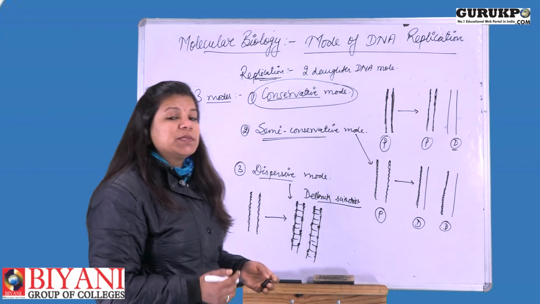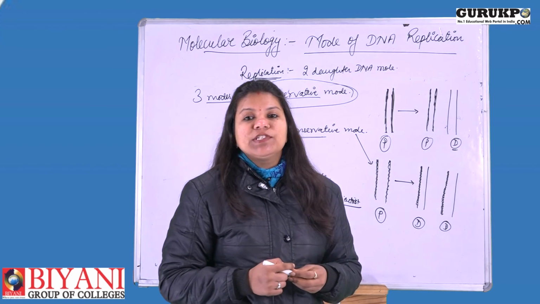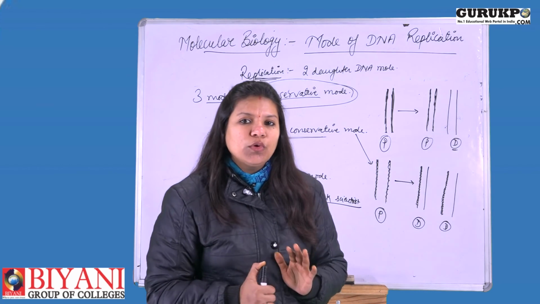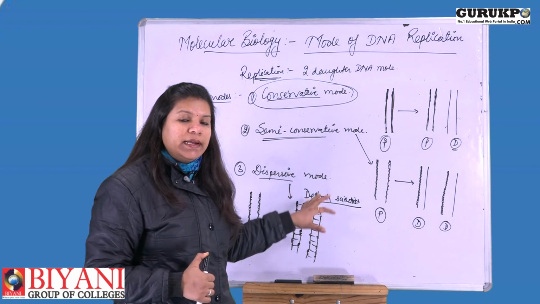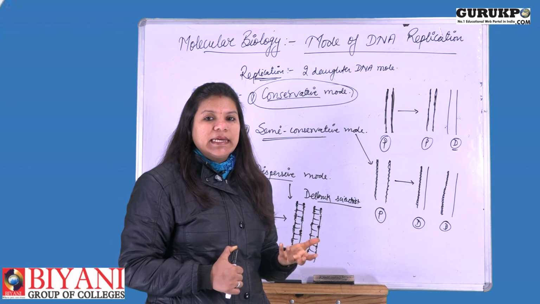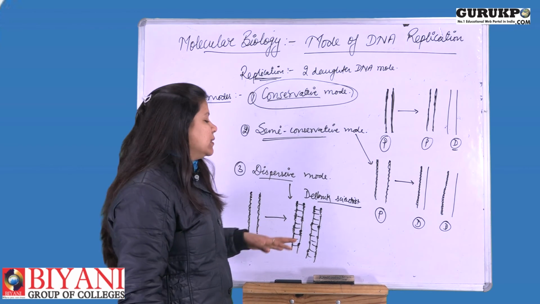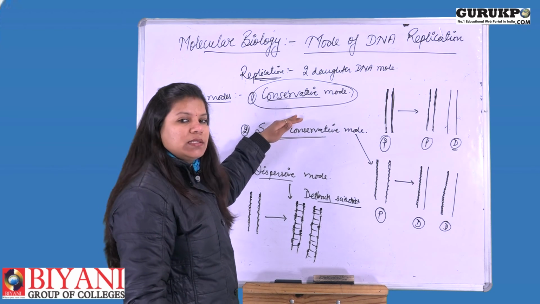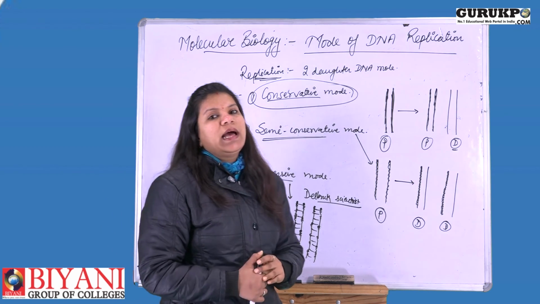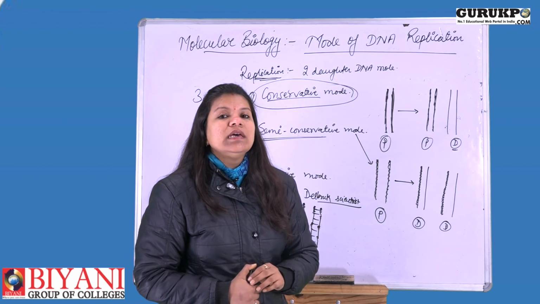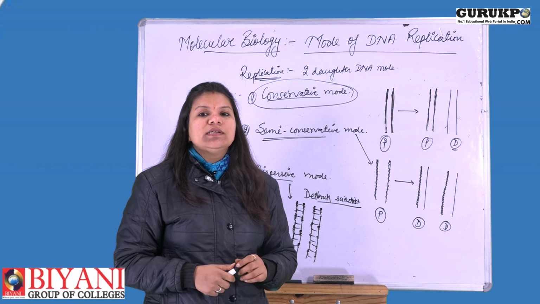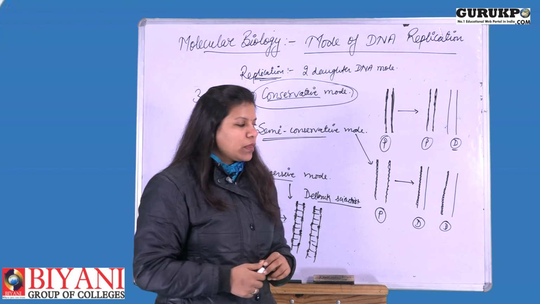The dispersive method was highly rejected because when it later came to be known in what manner DNA generally replicates, these two methods, that is the conservative one and the dispersive mode, were highly rejected. Hence, it was concluded that the DNA replicates using the semi-conservative mode.